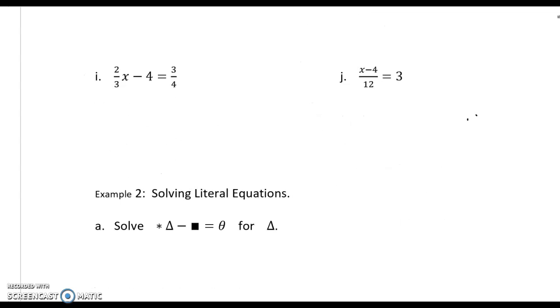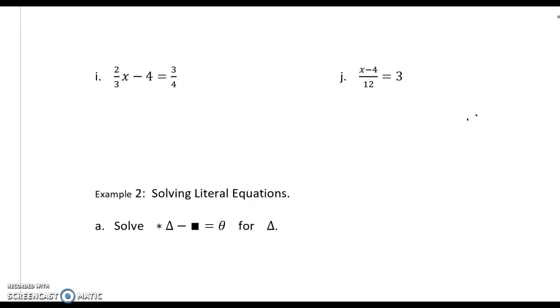So now we get to problem I, where we have two fractions in our equation. Now we've got to remember, if we're going to clear out these fractions, and we want to clear both of them out for sure, that we need to pick a single number that we're going to multiply every term by, that's going to clear out both fractions at the same time.